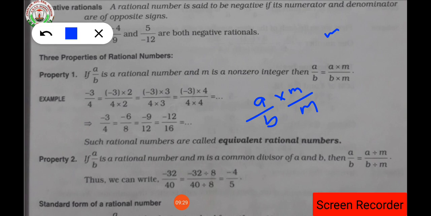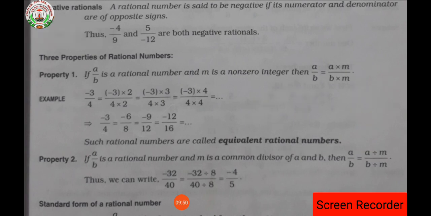So in that property, when m gets multiplied with a rational number, whatever the result we are getting, that means a will be multiplied with m, it will be am, b will be multiplied with m, it will be bm. So whatever result we are getting, this result is also a rational number according to the property. One more example I will show you.